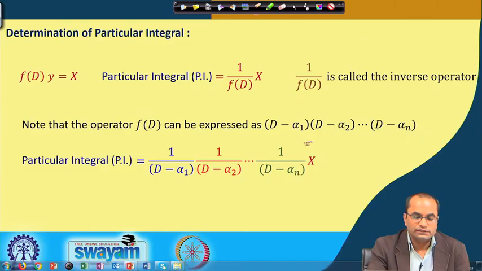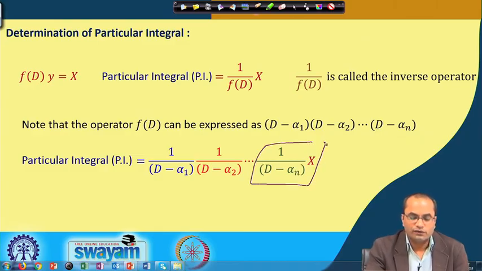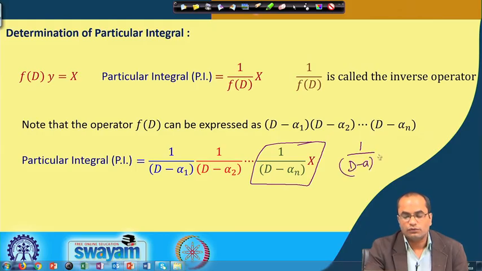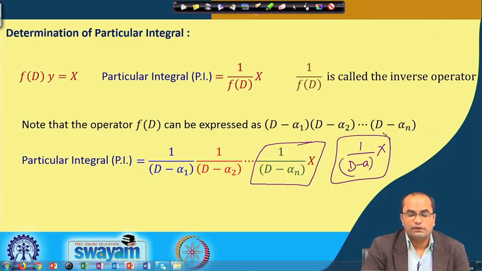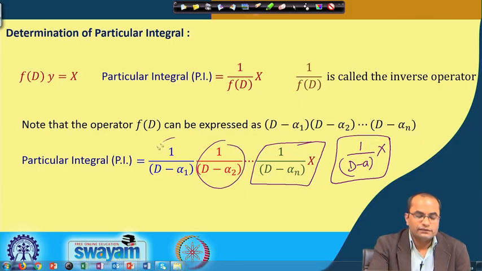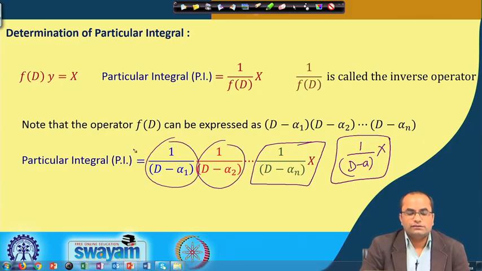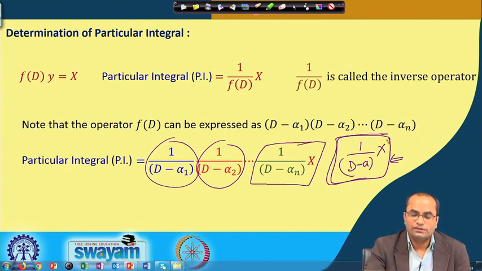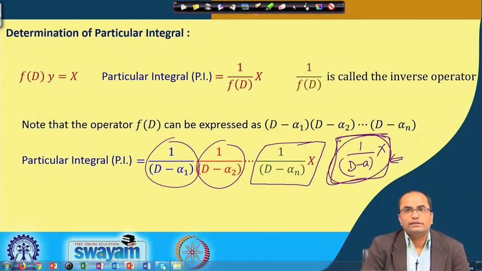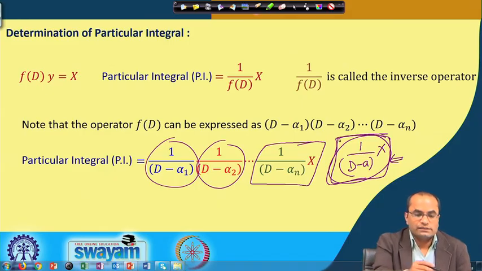If we know a way to evaluate 1 over (D minus a) on X, then we can repeatedly apply this idea and find the particular integral in the general form, 1 over f(D) on X. So, first we will discuss how to operate 1 over (D minus a) on X.